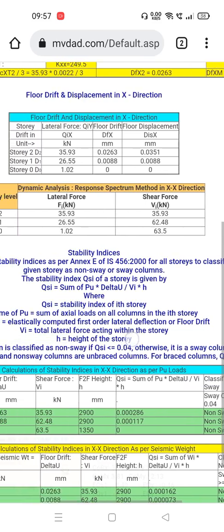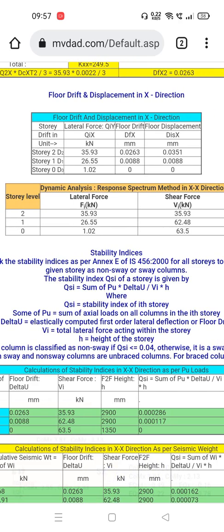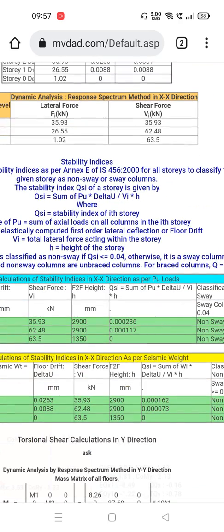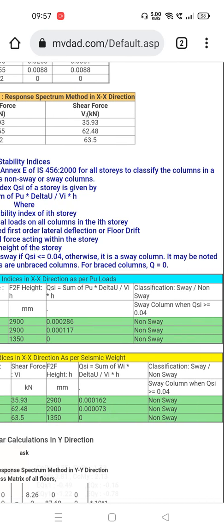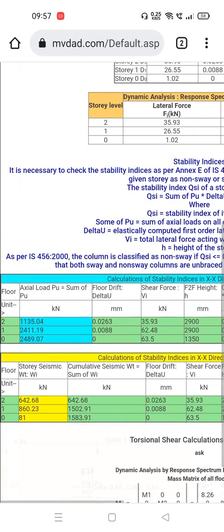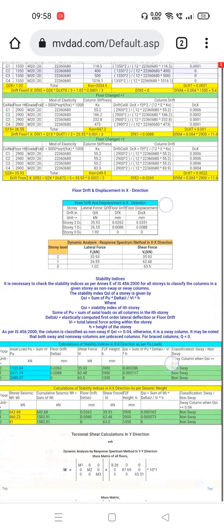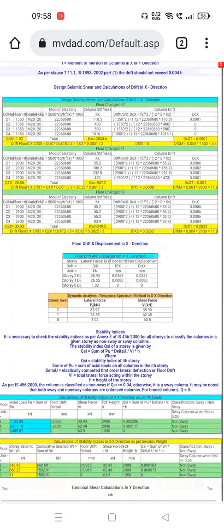Same way we have calculated the stability indices in XX direction as per the seismic weight, dynamic analysis. This is the way we have evaluated the analysis and checked the stability of the structure.